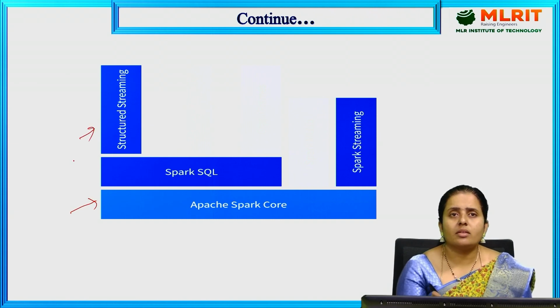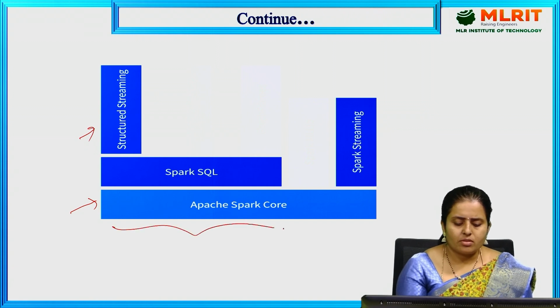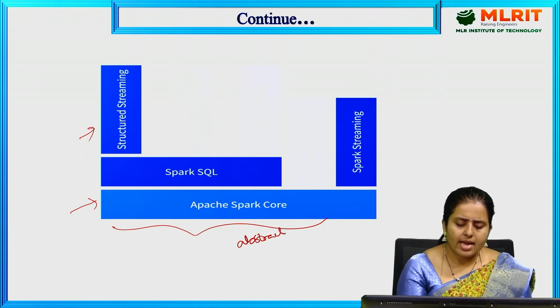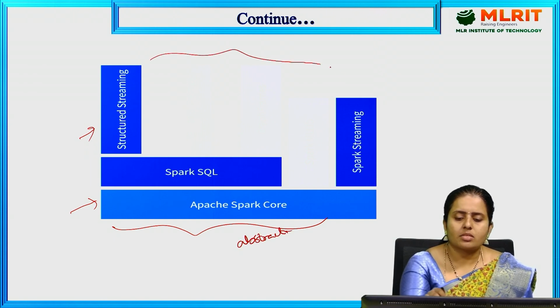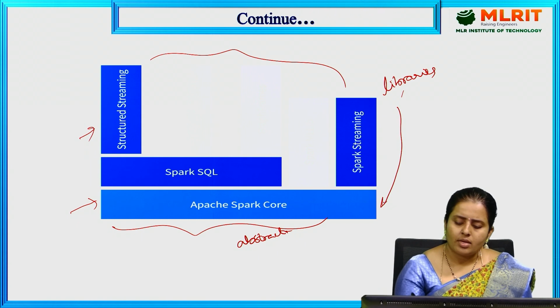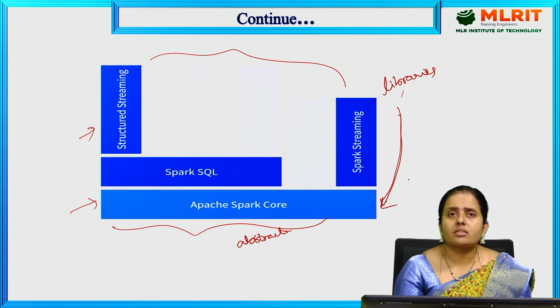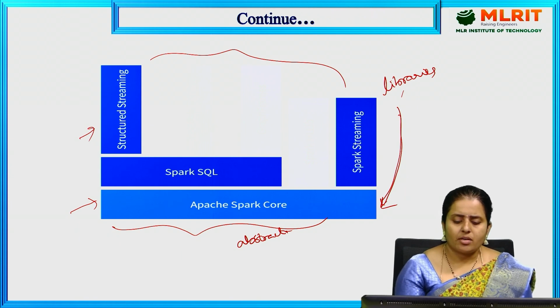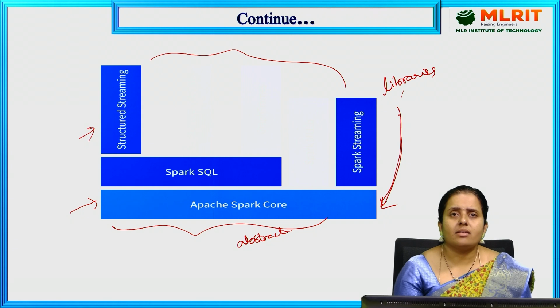These are the Spark abstractions and the Spark libraries. The horizontal boxes represent the core abstractions, and the vertical boxes represent multiple libraries which can integrate with the Spark core. All these combinations of abstractions and libraries can run on the Spark core engine over multiple data sets.